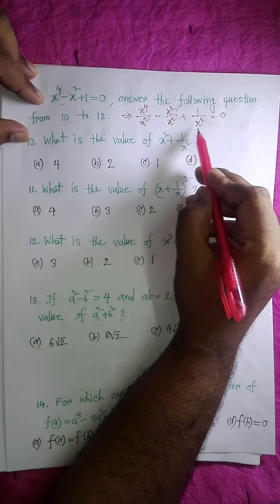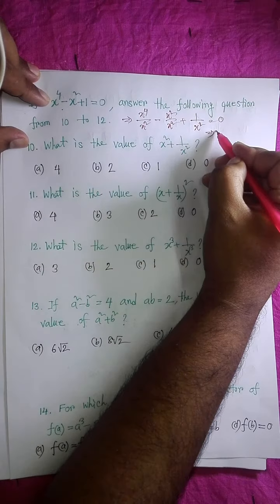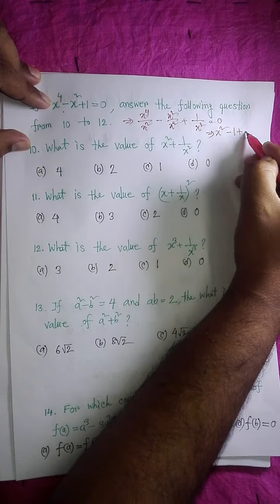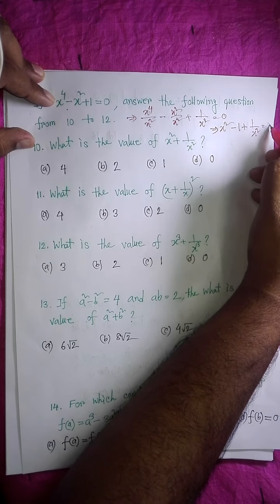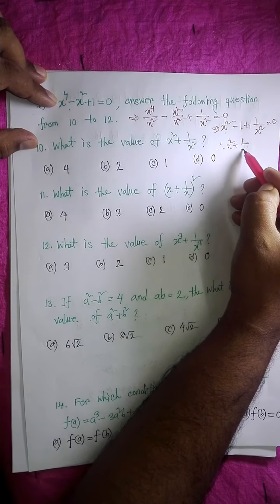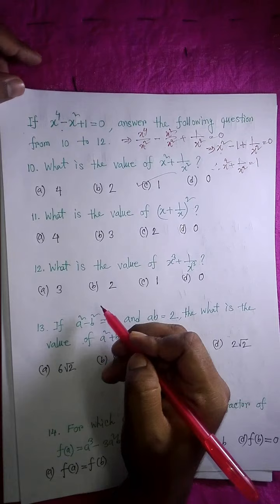Here we divide both sides by x square, and then here we get x square, here minus 1 plus 1 by x square equal to 0. So the value of this x square plus 1 by x square equal to 1. So our answer is 1.